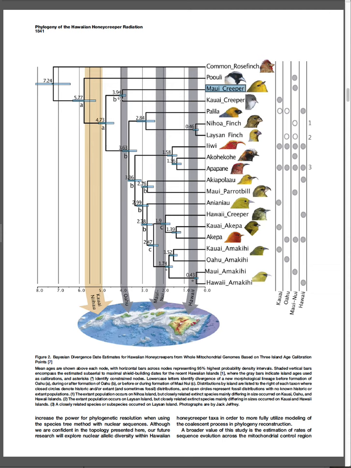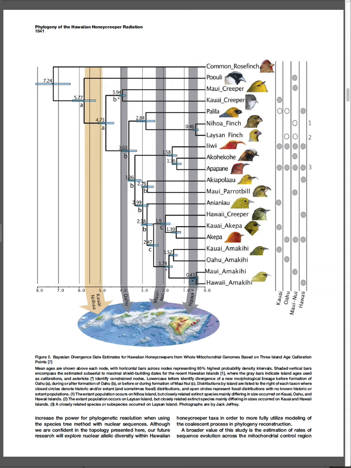We also here said that here's another divergence, right? And this divergence couldn't happen until the formation of Maui, because you can't have a node going to Maui until that happens. And here you can't have Hawaii Amakihi forming until the Hawaiian island, the big island, is formed.